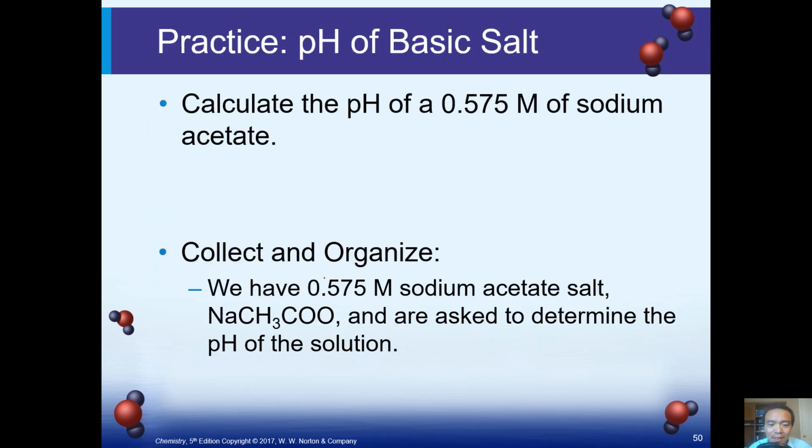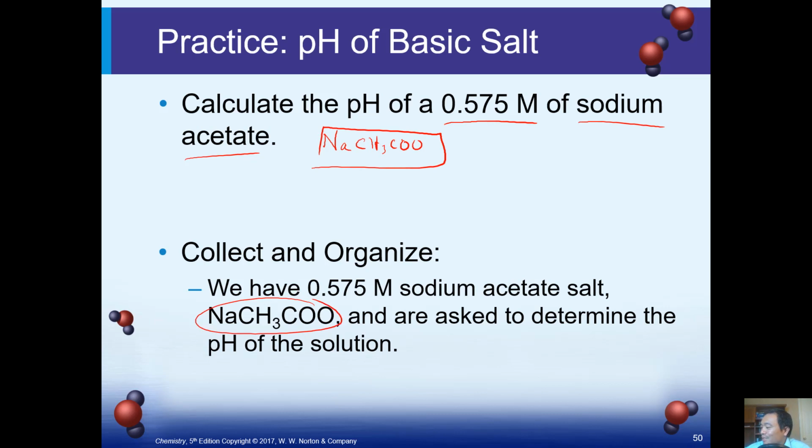Let's look at one example. In this case, we want you to calculate the pH for sodium acetate. The first thing you've got to realize: what is sodium acetate? Of course, you don't have to write the whole thing, but if you do, it's fine. That's the formula as you see over here.